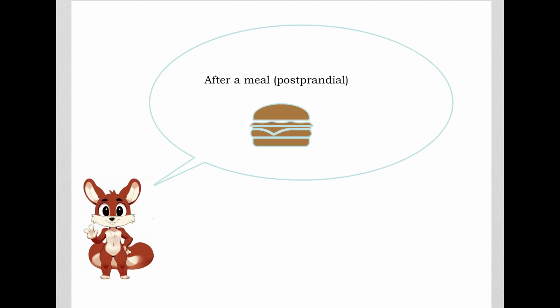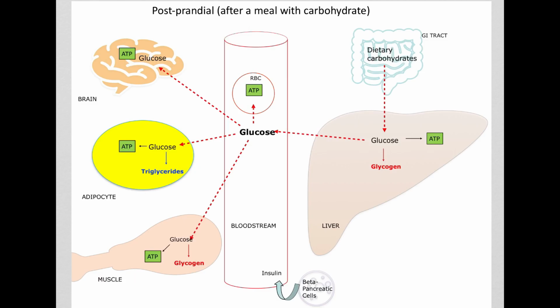Okay, so after a meal, postprandial, you just had a wonderful meal. Let's see what happens after a meal. When we say a meal, I mean a meal that has carbohydrates. Okay, a normal meal means carbohydrates. Whatever it is, form of bread or rice or whatever, there is carbohydrate present.